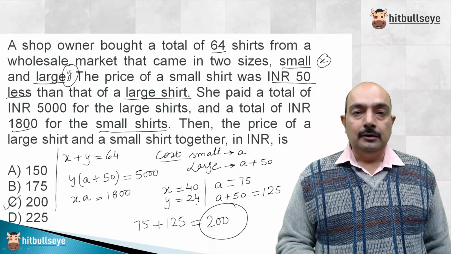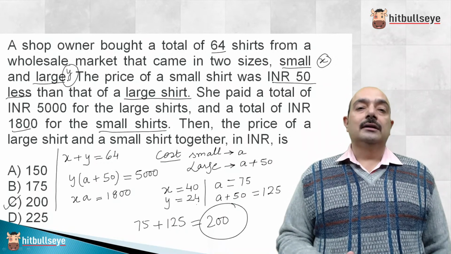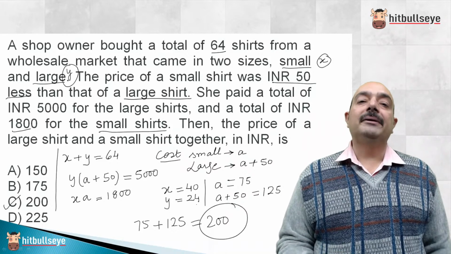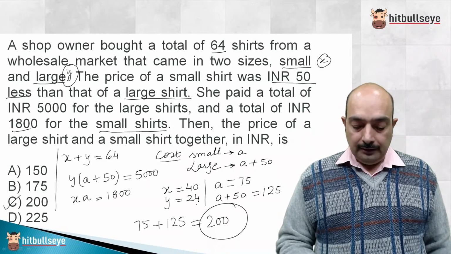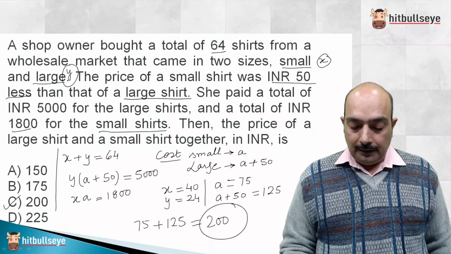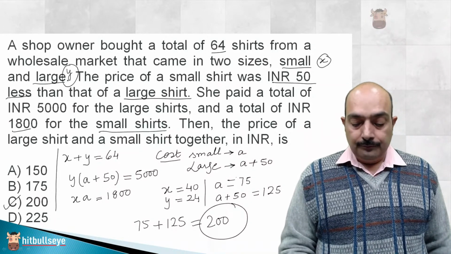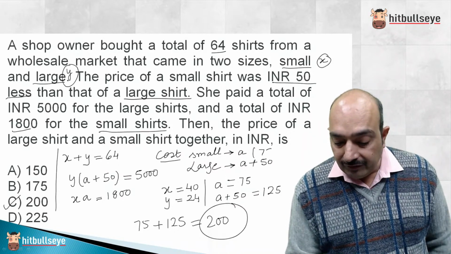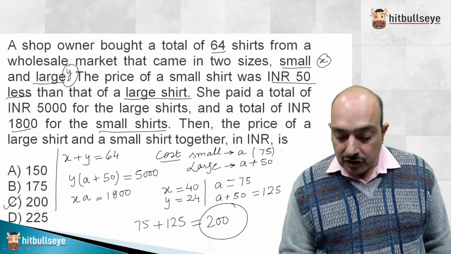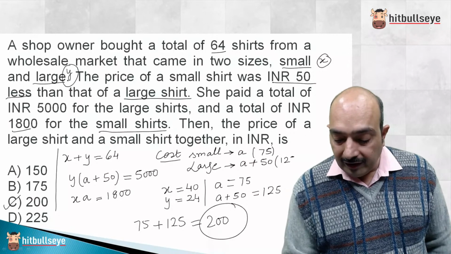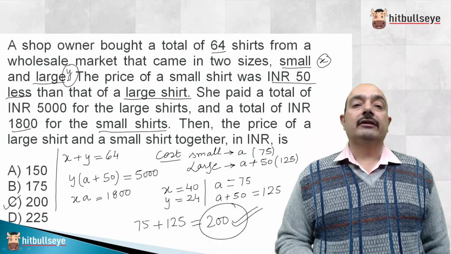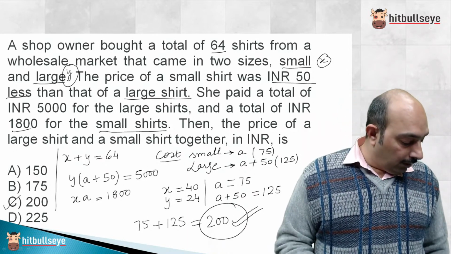The question is not difficult, but the lengthy calculations will definitely take a lot of time, so it is better to keep it for the end. The price comes out for the small shirt is 75, the large comes out as 125, and their total is being asked from you. So get your answer as 200. Got it, everyone?